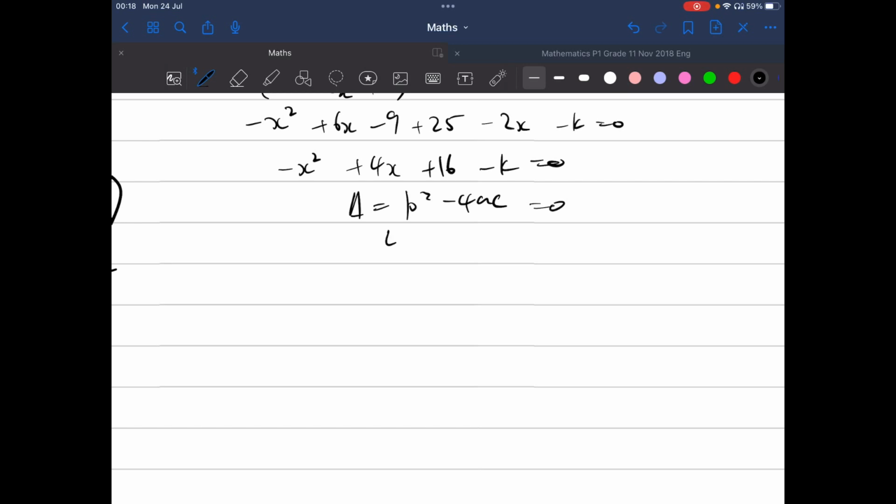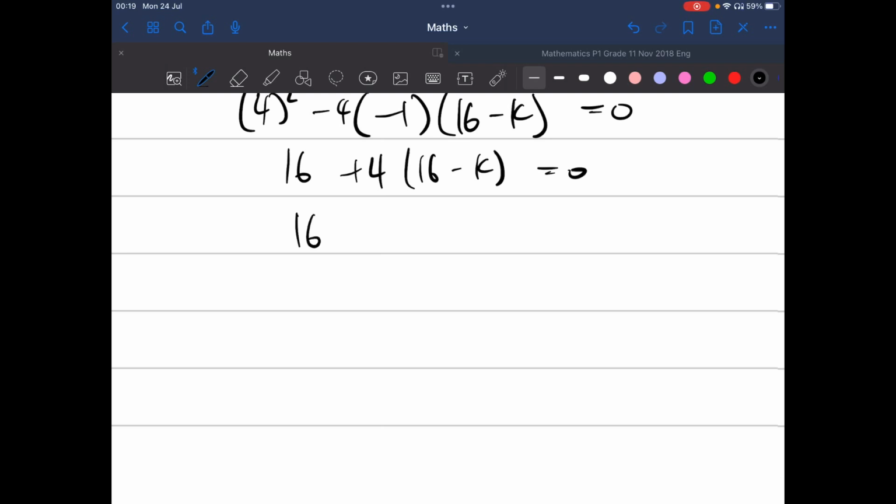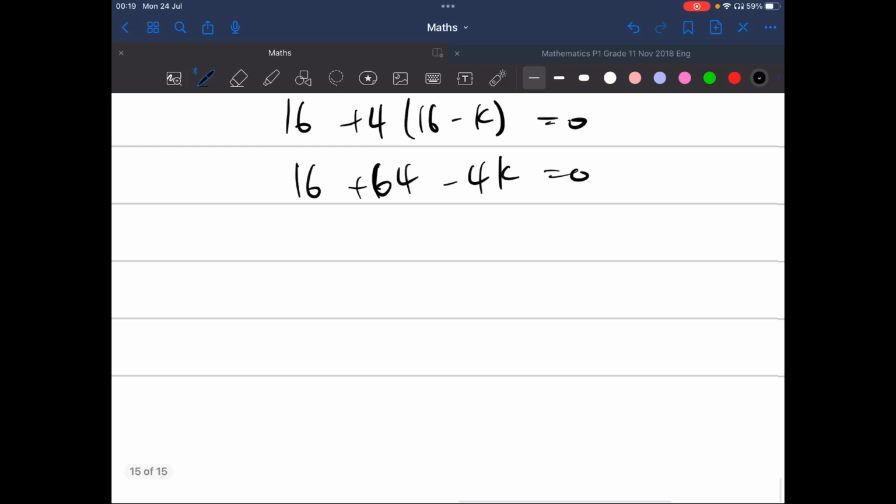So b squared, so 4 squared, minus 4a, where a is minus 1, and then c is this entire term here, 16 minus k, equals 0. So 16, because I just squared 4, plus 4 times 16 minus k equals 0. 4 times 16 is 64, so plus 64 minus 4k equals 0. 16 plus 64 now is 80, so 80 equals 4k.